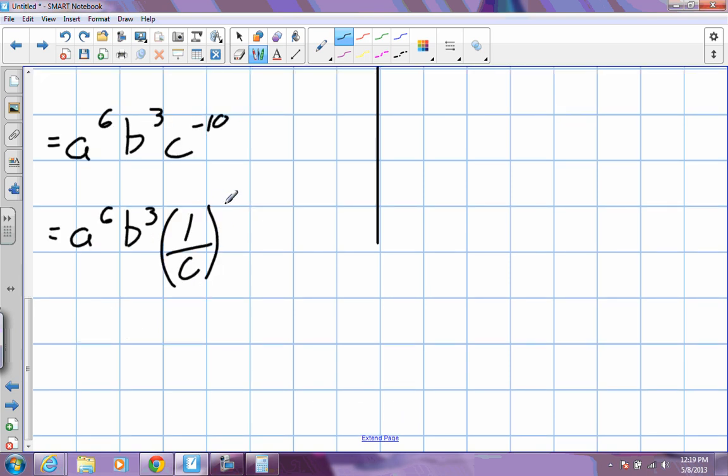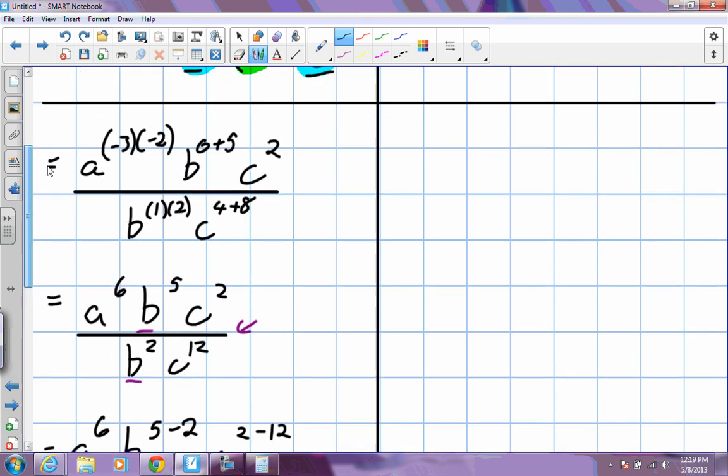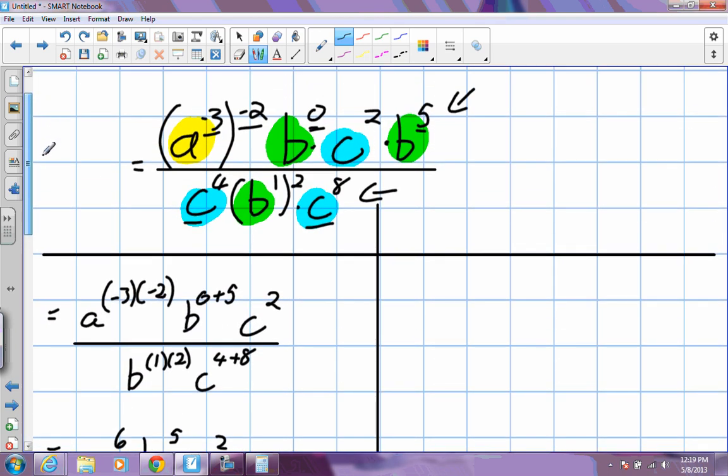There's another way we could have done this. Instead of dealing with all of that division last, we could have got rid of the fraction first. This might become difficult, but I want you to think of it this way. All of these numbers on the bottom, I can bring them to the top of a fraction using our negative rule.